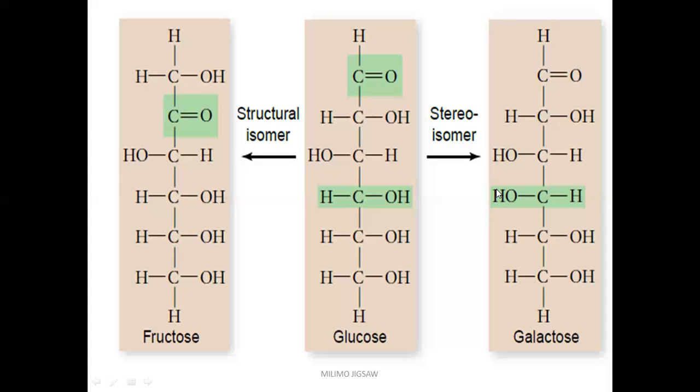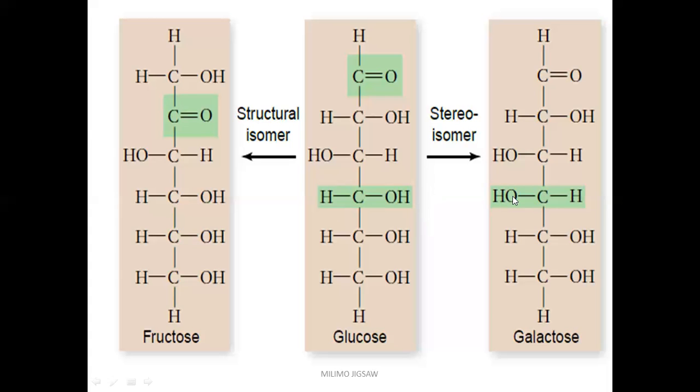the hydroxyl group in glucose at carbon 4. I tried to show a ring structure towards the end of the session. The hydroxyl group at carbon 4 in glucose is actually below the plane. And then in galactose, it is above the plane.